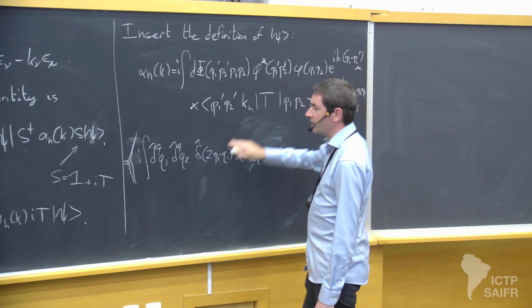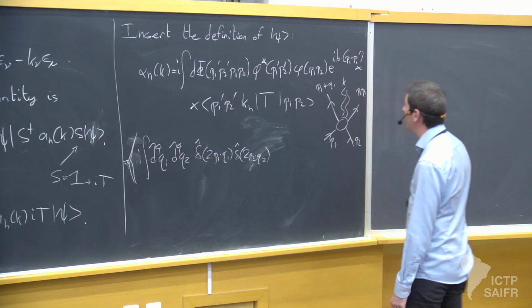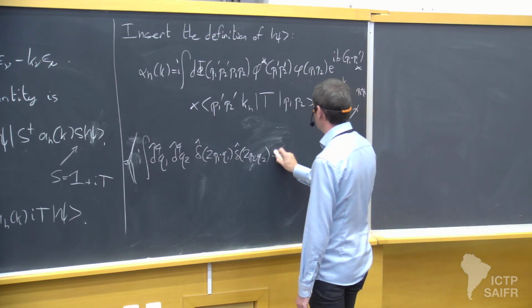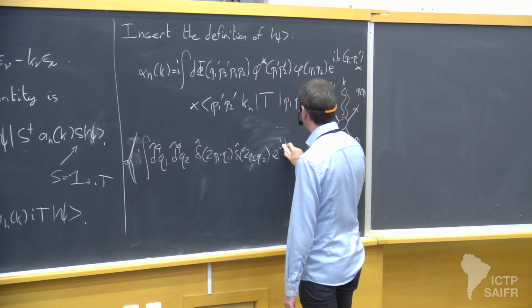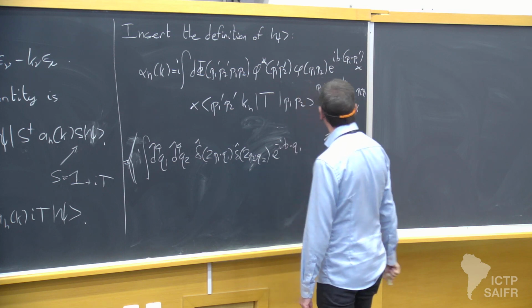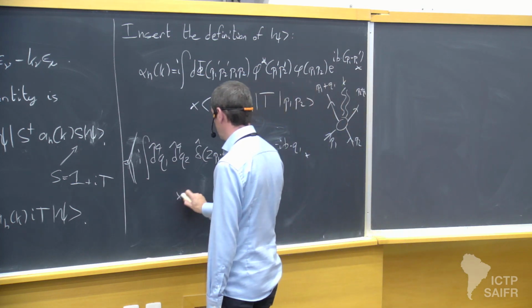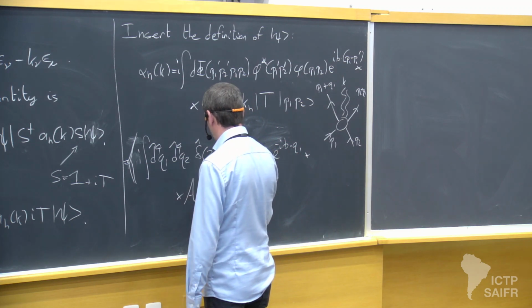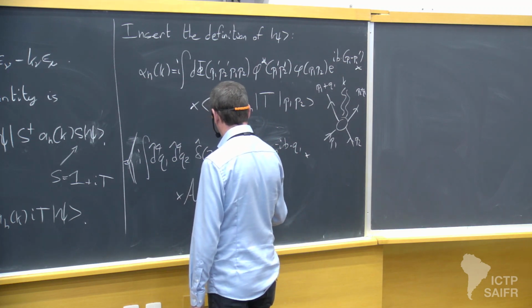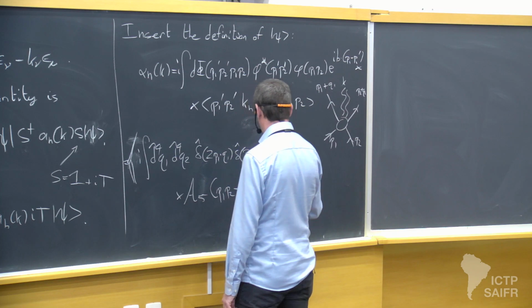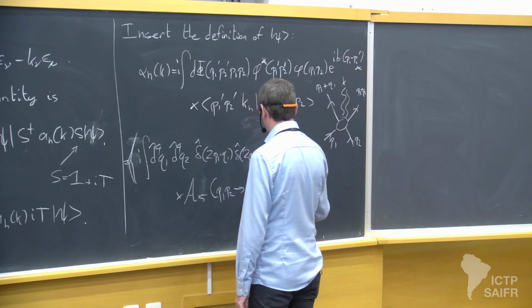So this wave function expectation value, I'll shove it into those double expectation values. e to the i b dot q1, the minus sign, times the 5-point amplitude. p1, p2 goes to, well, let's say p1 prime, p2 prime, k.